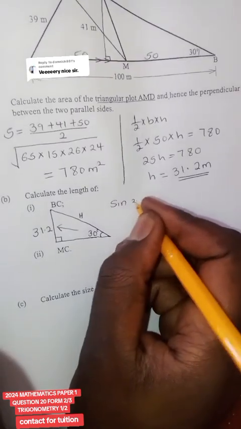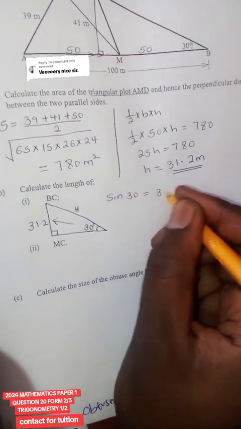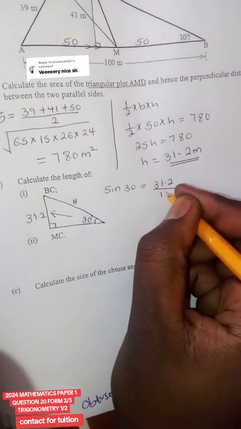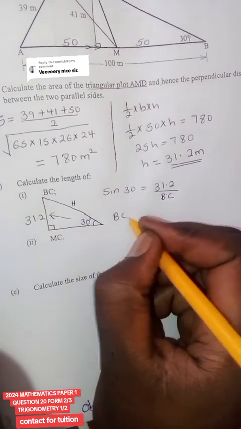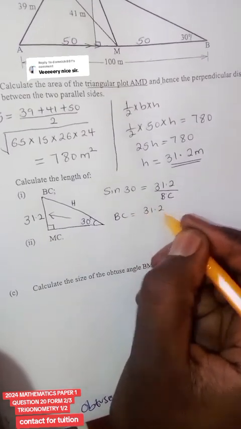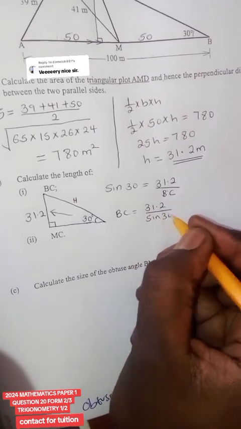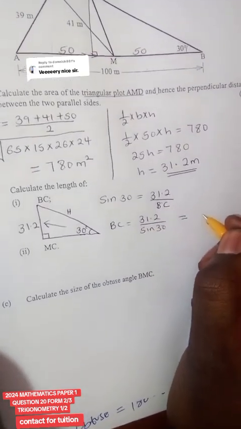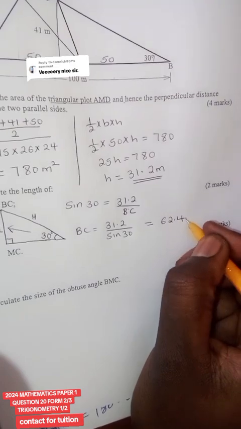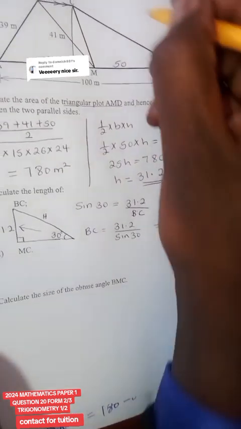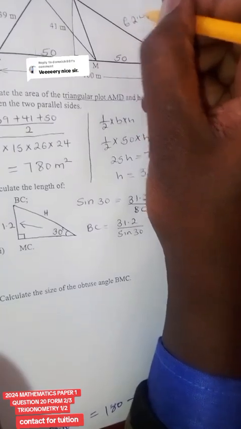Therefore, sine 30 is equal to opposite 31.2 over the hypotenuse, which we have as BC. Therefore, BC will be 31.2 over sine 30, giving my answer to be 62.4 meters. That is the length there, 62.4 meters.